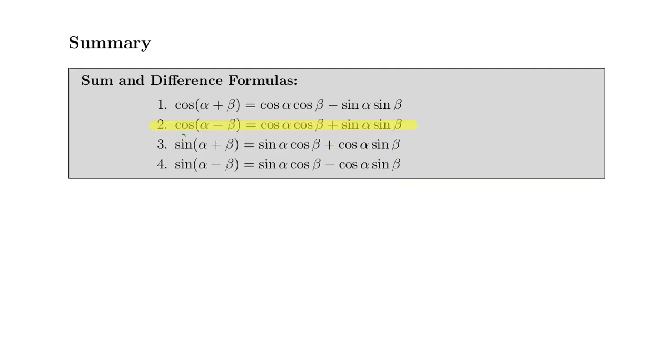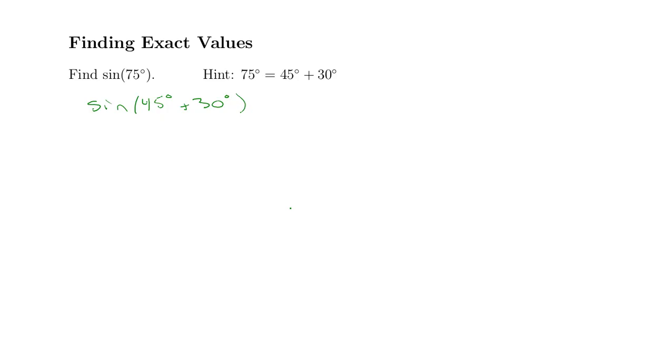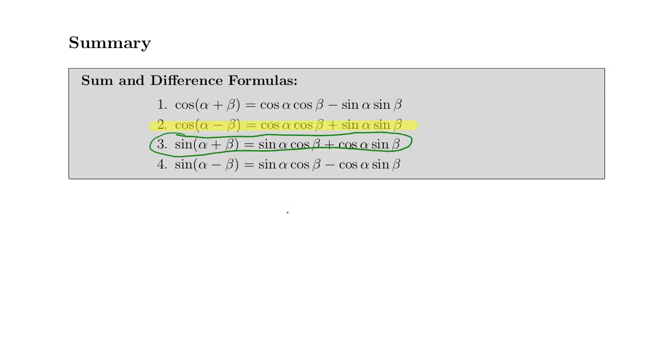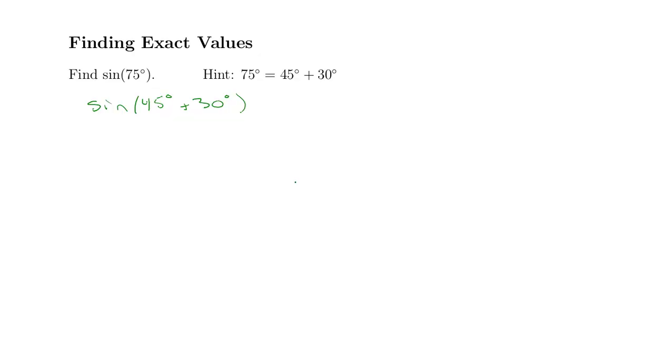And now go back up to here and say, hey, look at this. That's this formula. Alpha is 45. Beta is 30. Go ahead and plug all that stuff in, and you're going to get some known values out of this. Pause it if you want. Try and work yourself a little ahead. Get right to the end of it, and then I'll walk you through the rest of this stuff.